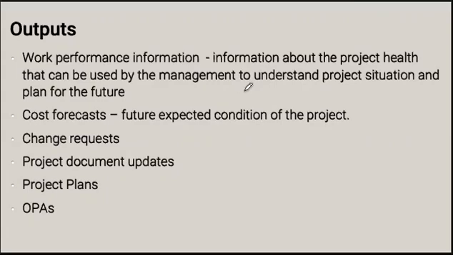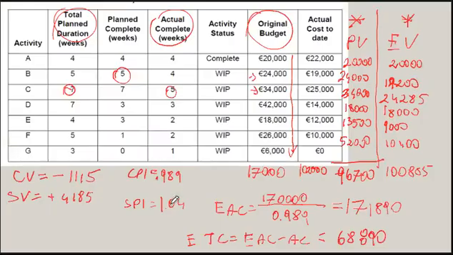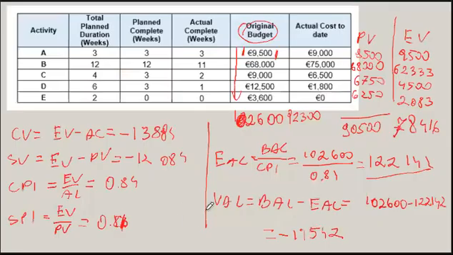And there's another parameter called the TCPI, the to complete performance index. And I will go back to this example. So note, what can I do? I don't have space. So to complete performance index, we need the budget at completion and earned value, and budget at completion and actual cost.